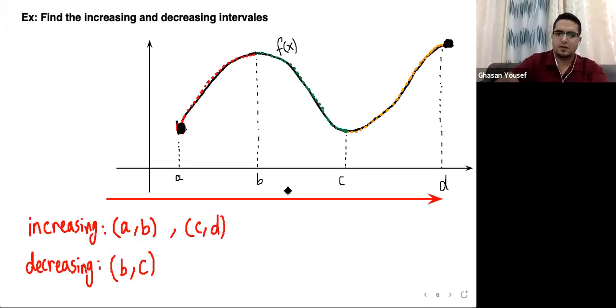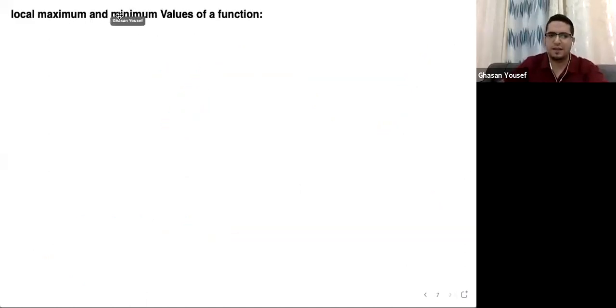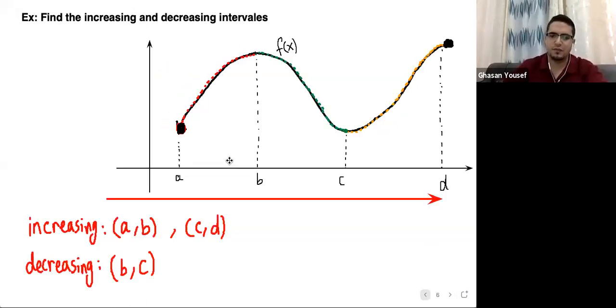So again, the local maximum and local minimum. The local maximum is a point where the function changes from increasing to decreasing. So the function changes from increasing to decreasing at this point, at the top of the mountain.